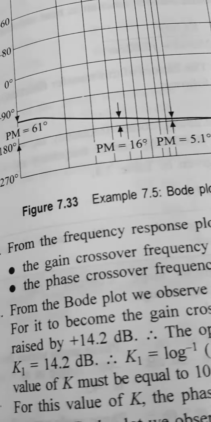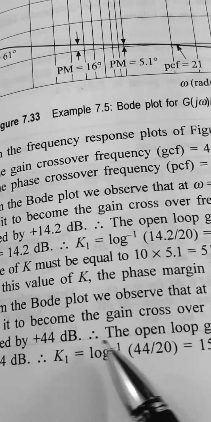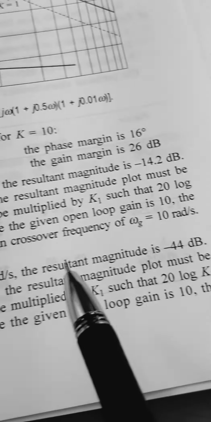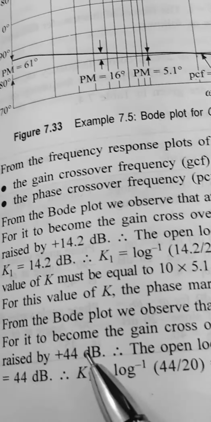For it to become the gain crossover frequency, the resultant magnitude plot must be raised by 44 dB.